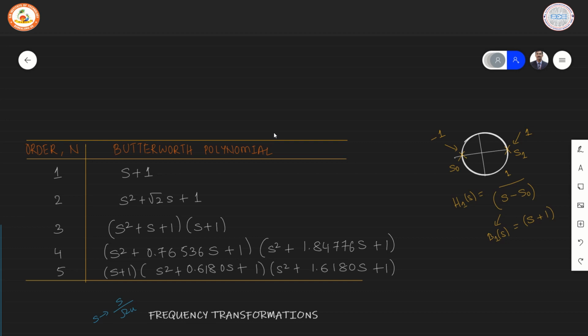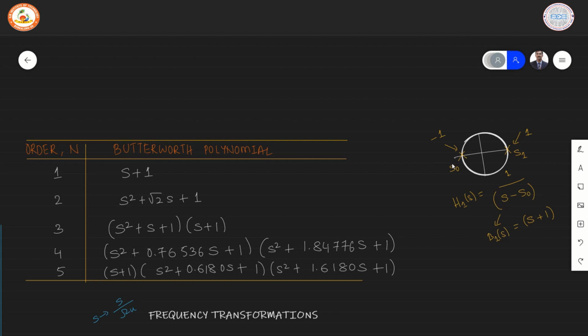Using the same method, below we have listed out the values of Butterworth polynomial for different orders. The expression for order 1 is as simple as s plus 1. You will have primarily one pole on the LHP and one pole on the RHP, as illustrated here on the complex plane.